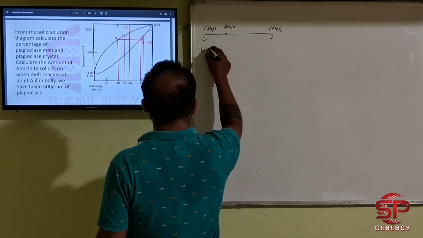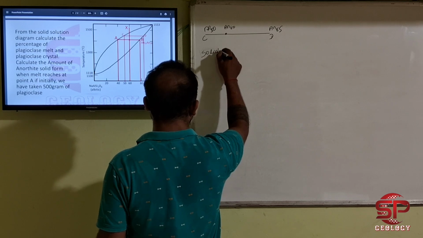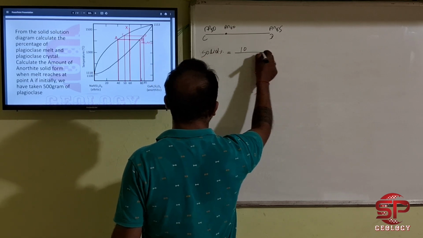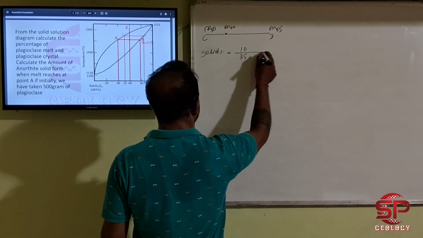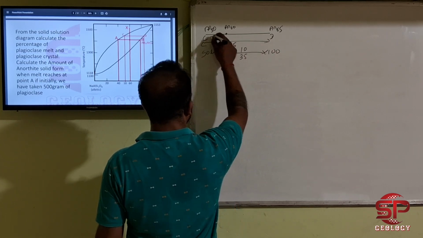For the liquid percentage, we first calculate the solid percentage, then subtract it from 100%. The solid percentage will be 10 by 35 into 100. So this will be 35, this will be 10.